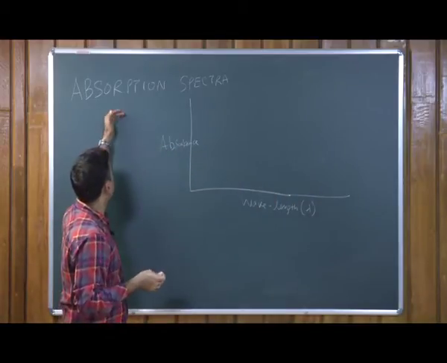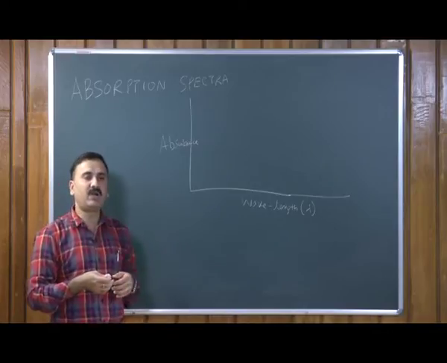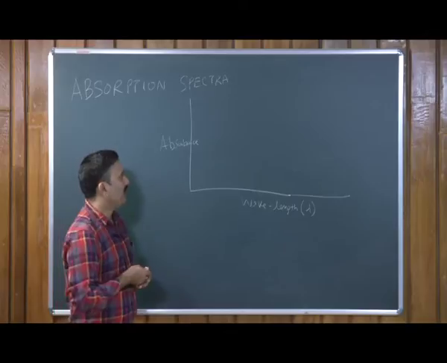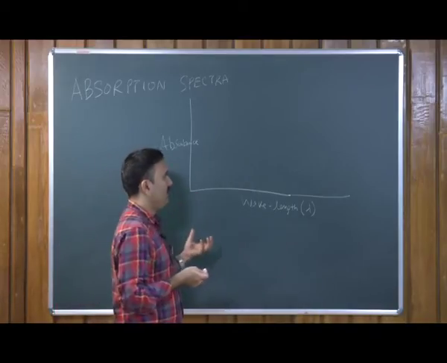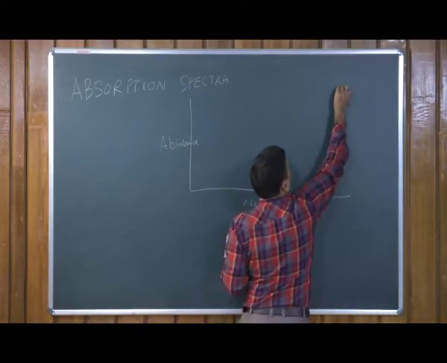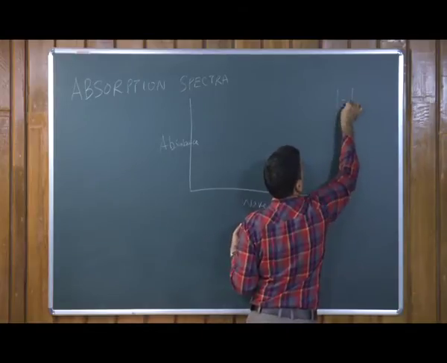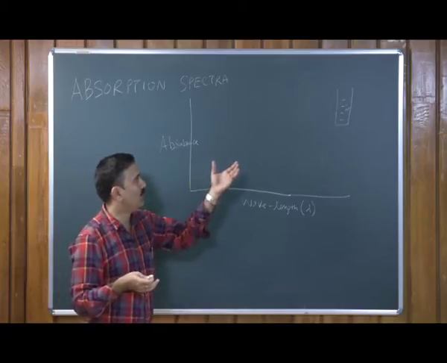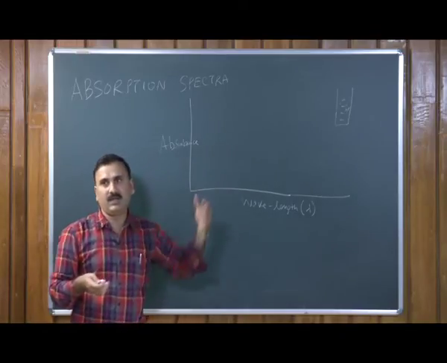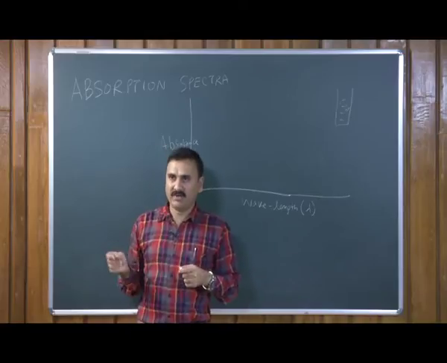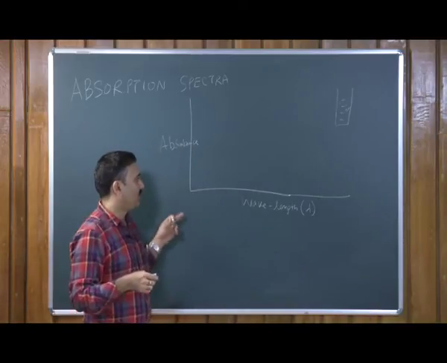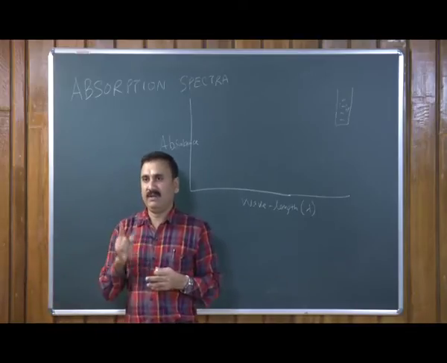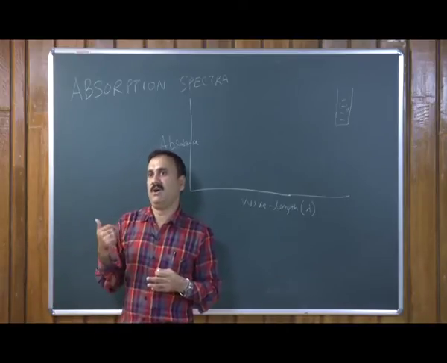To get an absorption spectrum of a typical fluorophore or pigment, you take the pigment, make a suitable solution, put it into a cuvette, put that cuvette into the spectrophotometer, and ask the spectrophotometer to excite this molecule with light of different wavelengths and tell you the absorbance.